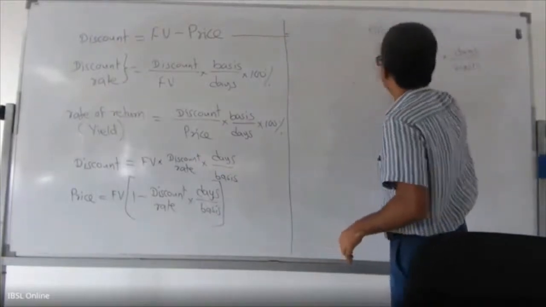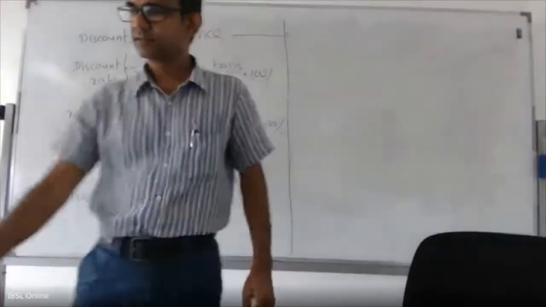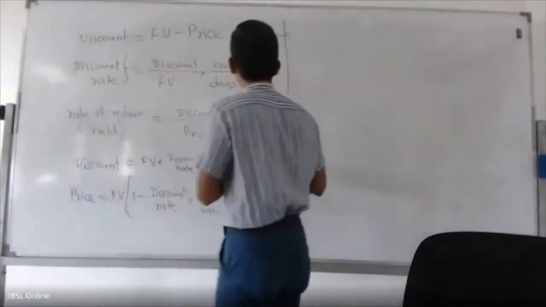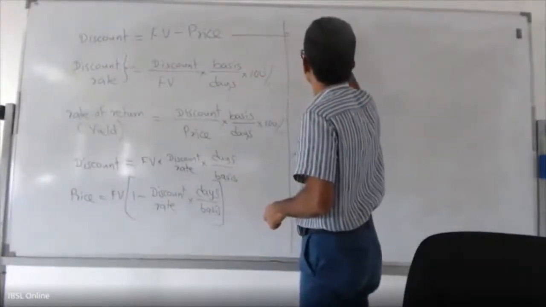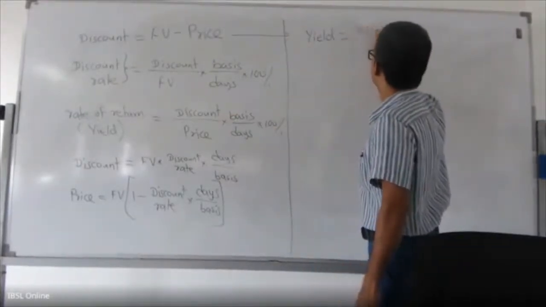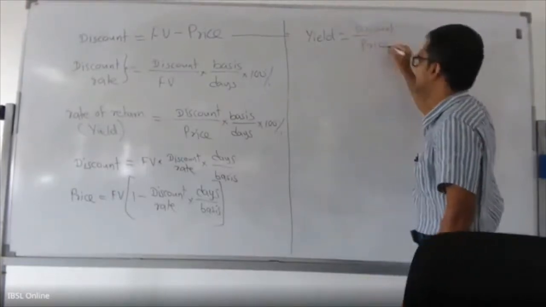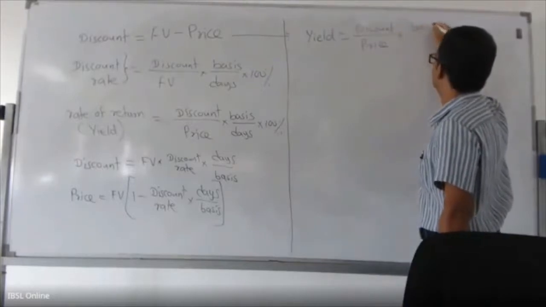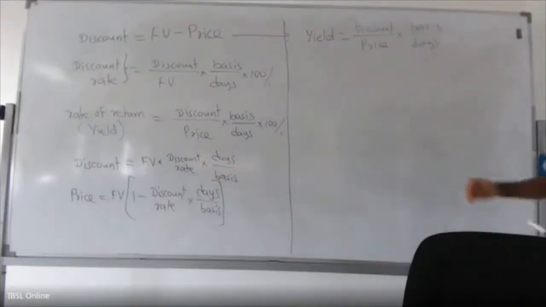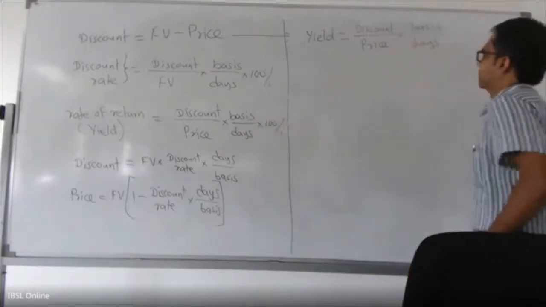We calculate the yield or the rate of return. Rate of return we can say as the yield. So I'll use the word yield now. Yield equals discount over price into basis over base. This is the equation without this 100 part. Okay.